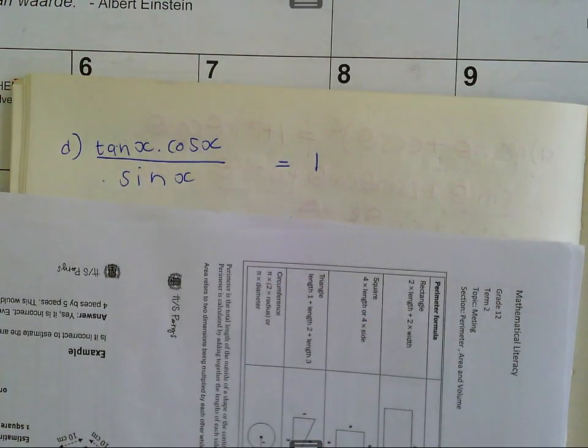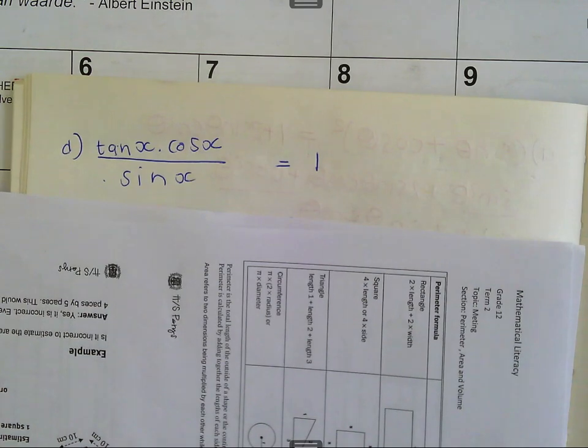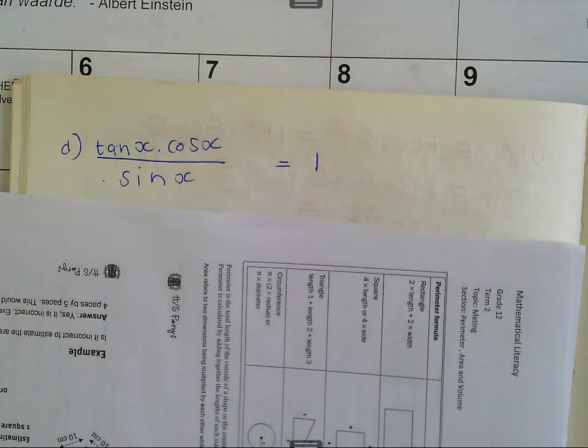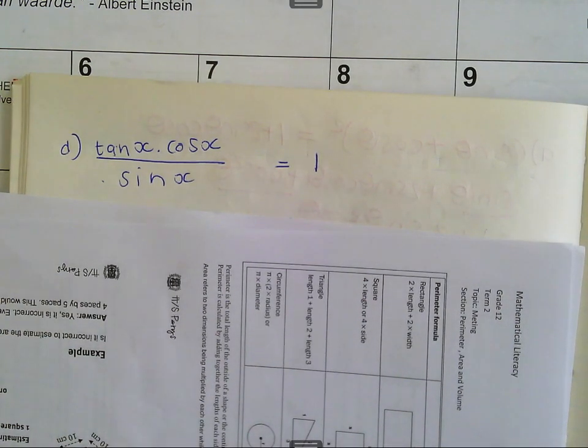But there's just one trick, and that is just the way that we would write it. We wouldn't really write it as a fraction inside of a fraction. We would combine the two fractions. So think about tan. Tan has a numerator of sin, and it has a denominator of cos.